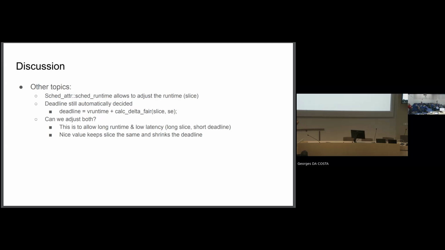So if you adjust the runtime longer, the deadline ends up being a lot later. So there's no way to say I want a short deadline, but a long runtime. That might be a nice knob to have, but just throwing it out there.